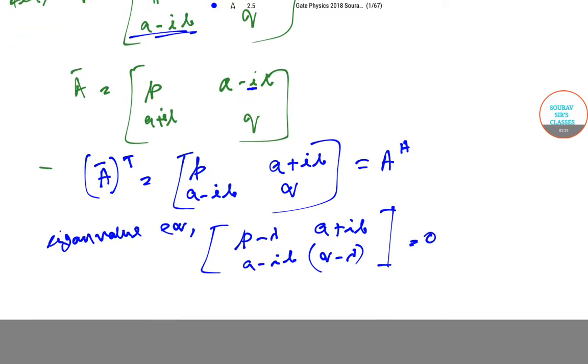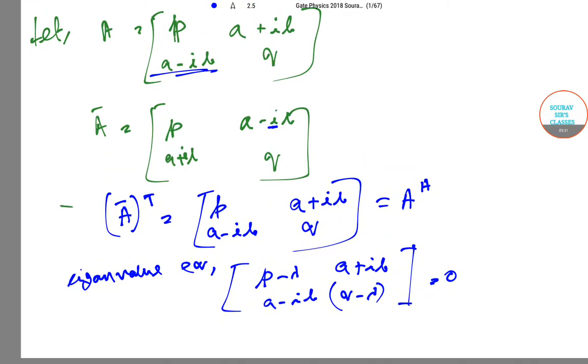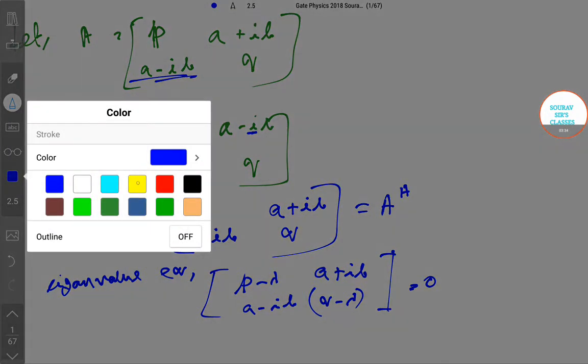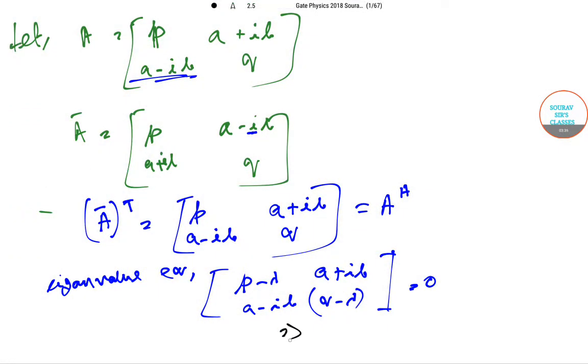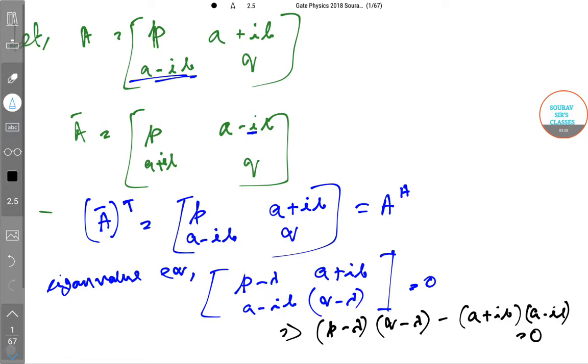So, for the eigenvalue equation, we can write P minus lambda into Q minus lambda minus A plus IB into A minus IB equals 0.